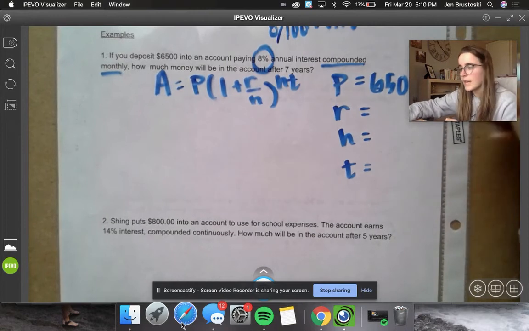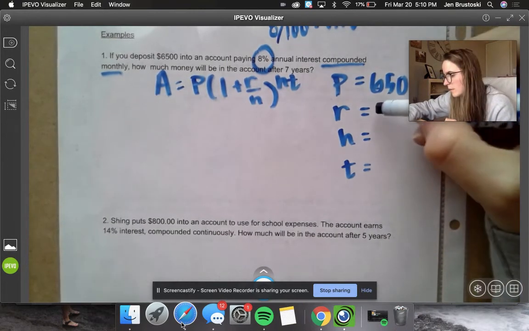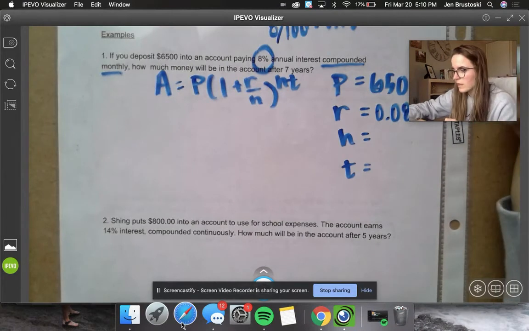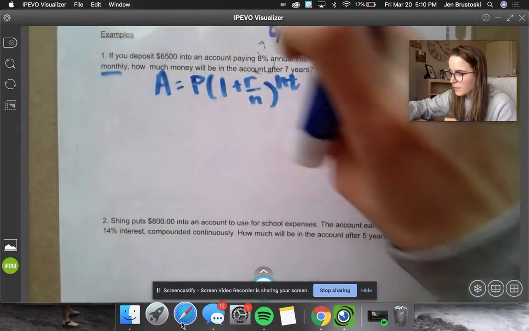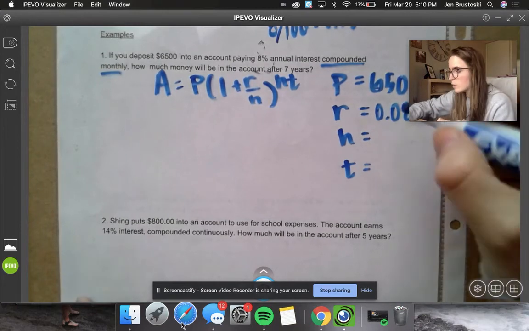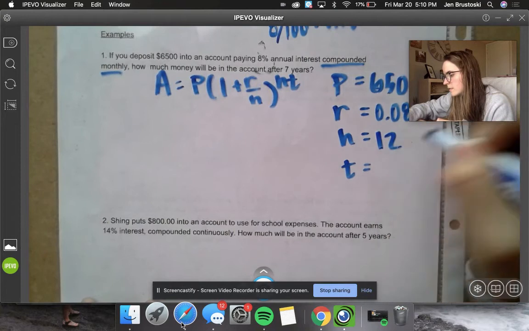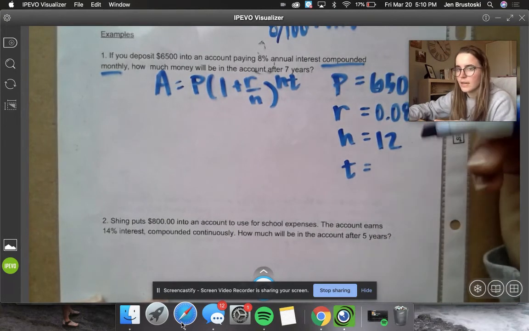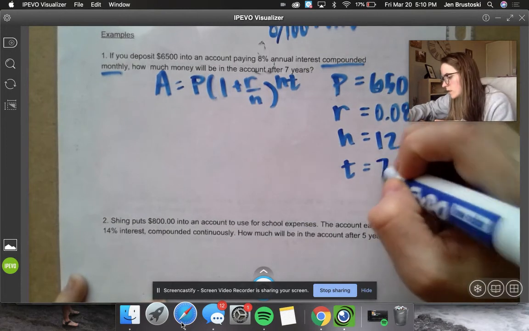So that is our rate as a decimal. N is the number of compounding periods in a year, and if we're compounded monthly, there are 12 months in a year, so we have 12 compounding periods. And then T is our time, so that's going to be 7 years, so T is 7.